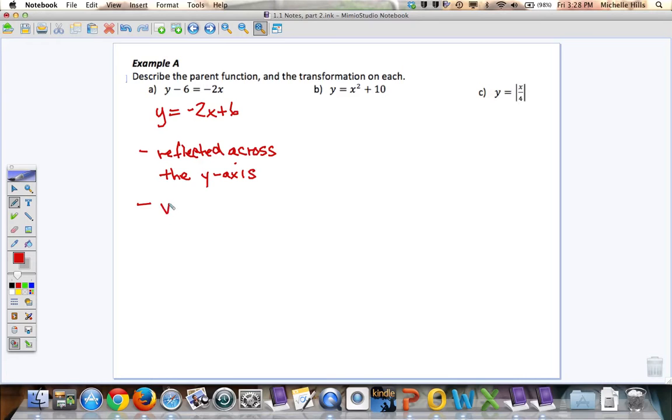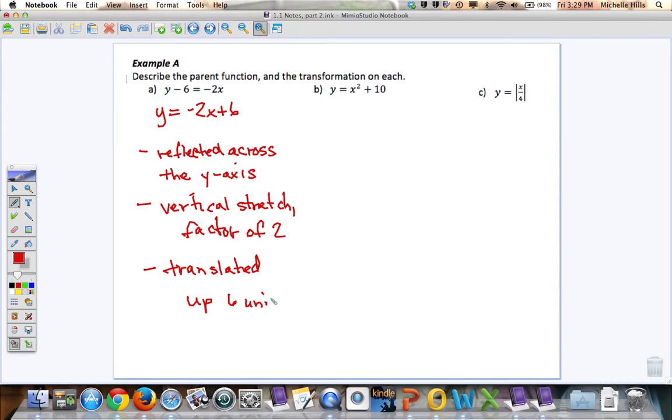It is a vertical stretch with a factor of 2. And it is translated up 6 units. The parent function is linear, and y equals x would be the parent function.